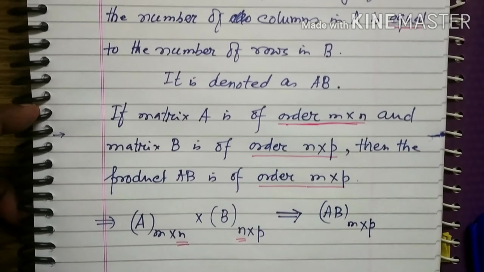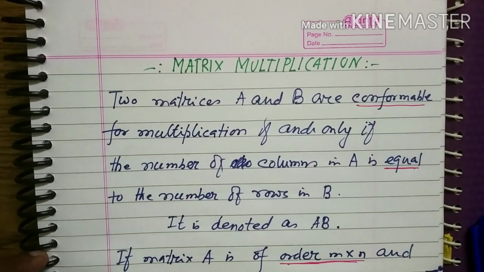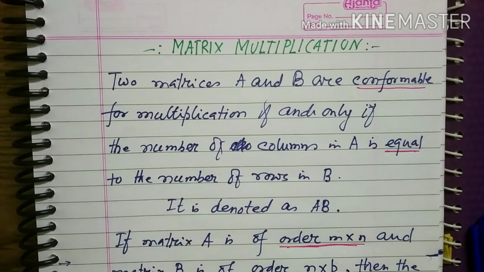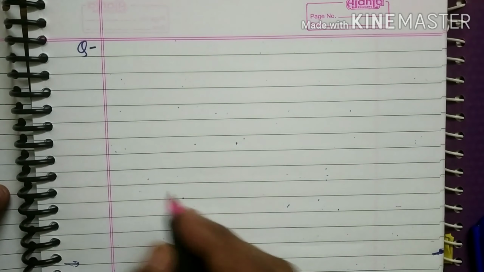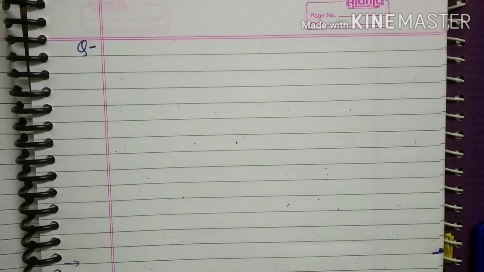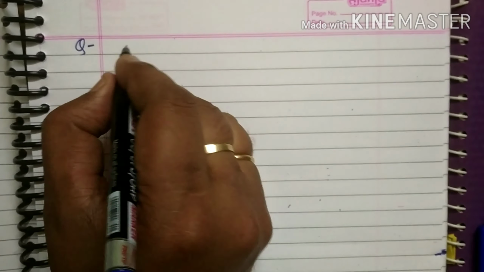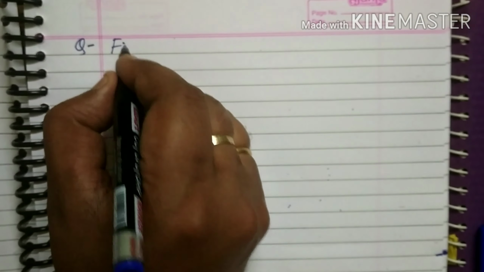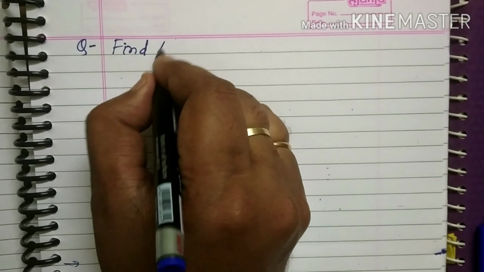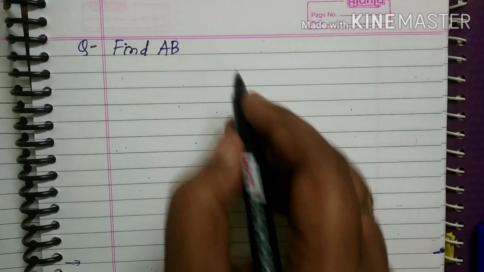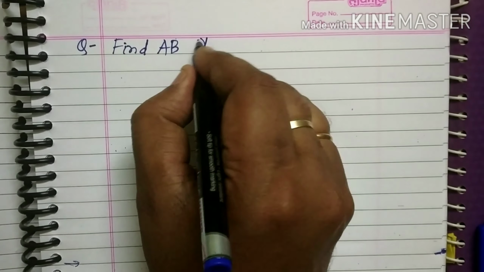Now let's try how to solve some problems based on this concept. Question: find AB if possible.